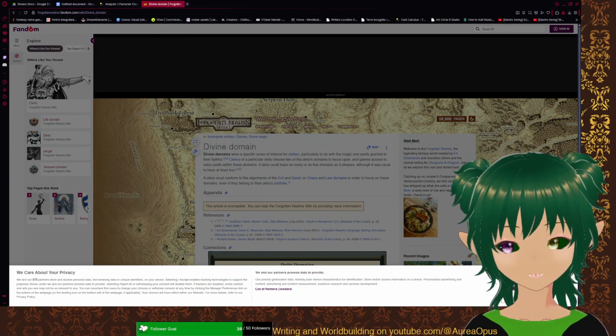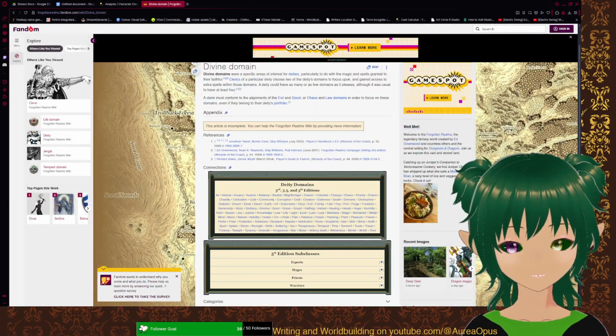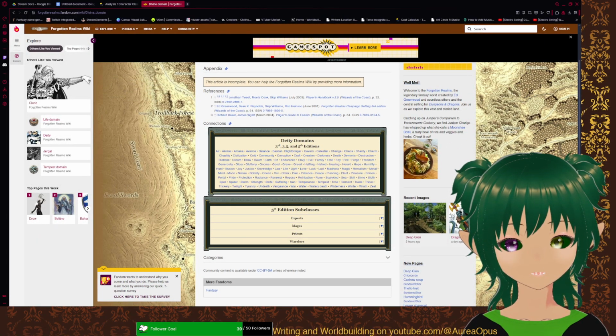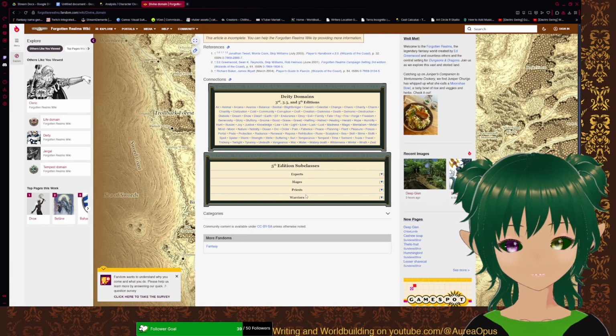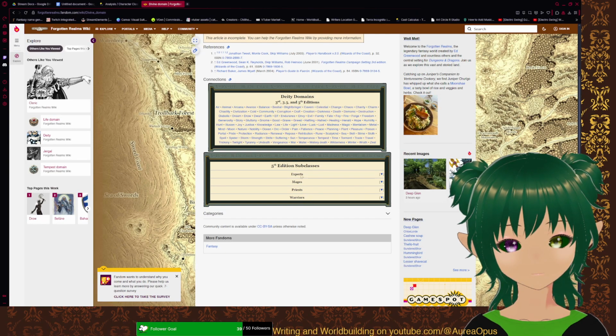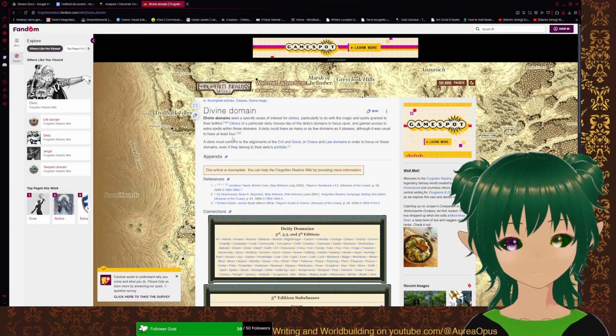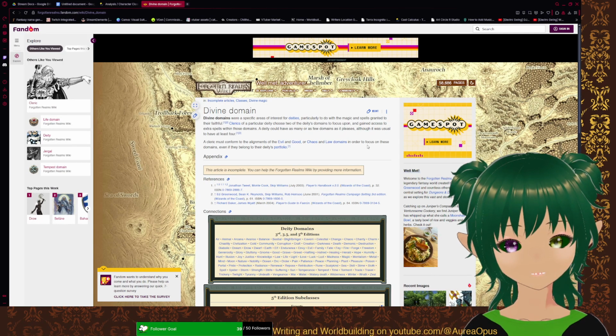What gods can have access to? Not all of these are used anymore. 3.5 and 5th edition. If the domain is one a deity has, such as magic, and those who are faithful, clerics, yada yada. People good, okay, that's law domain.